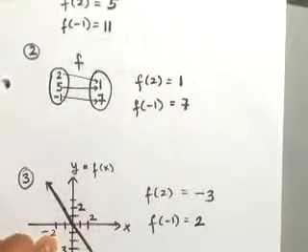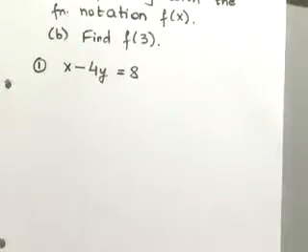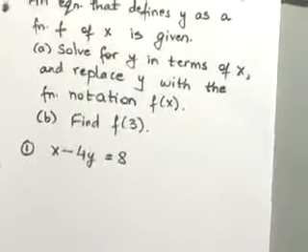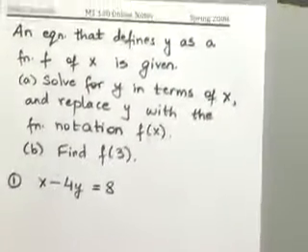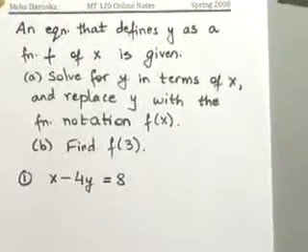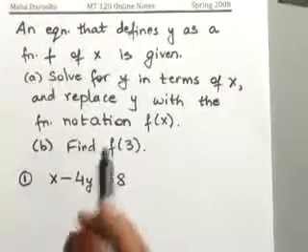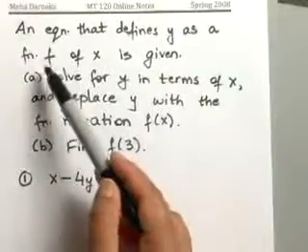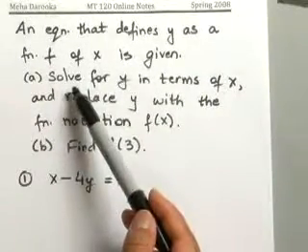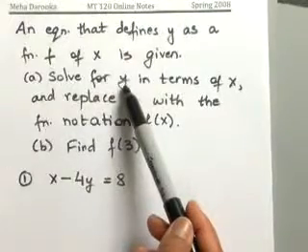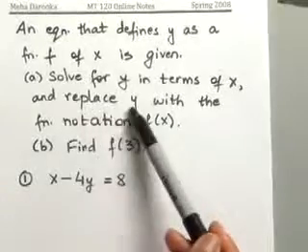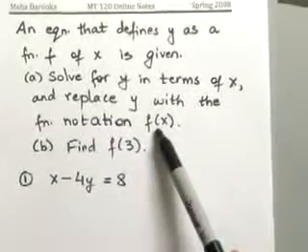Now I want to look at another set of examples here. In these examples, we are given an equation that defines y as a function f of x, and what we are trying to do is solve the equation in terms of y, solve for y in terms of x, and then replace our y with our function notation f of x.